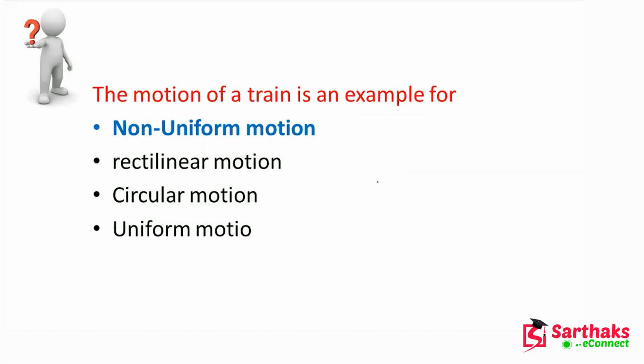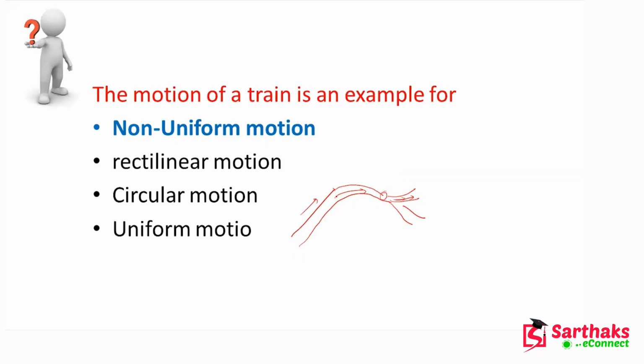The motion of the train. Fine. Train means what? The total journey. First, it will move in this path. Then the train will be here. Some junction is there, some bifurcation of this path. So it will follow this direction. Suppose my train is moving in this direction.